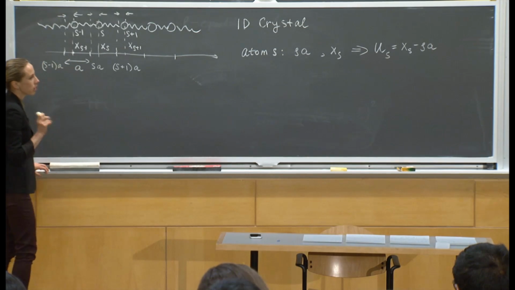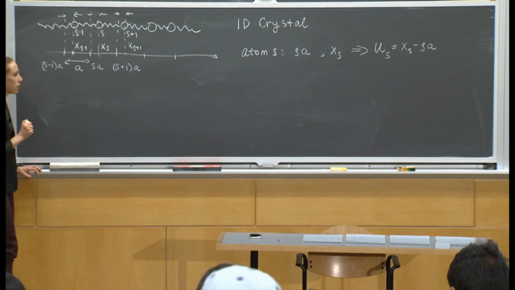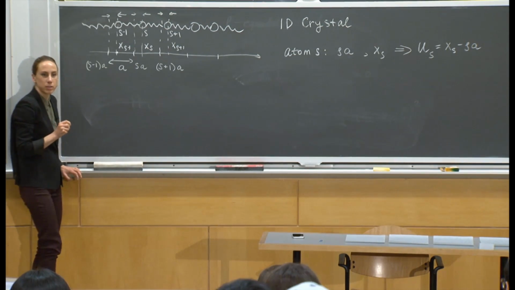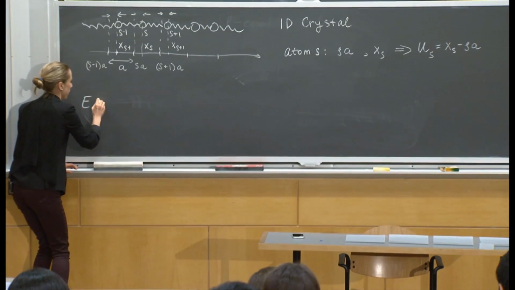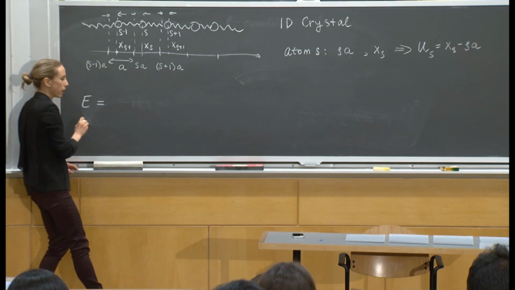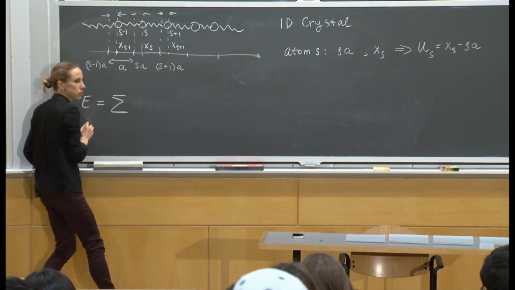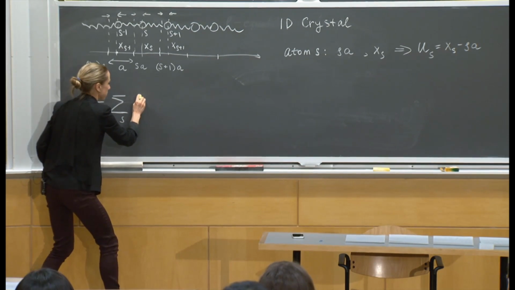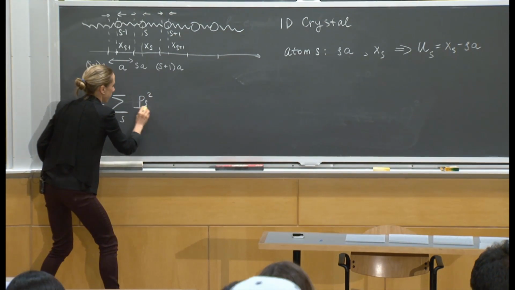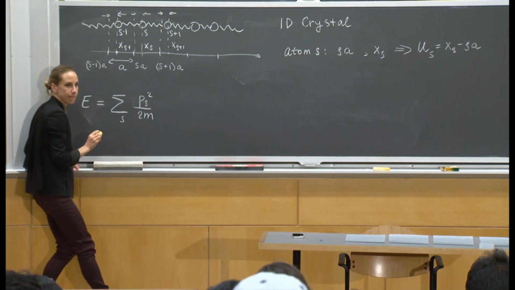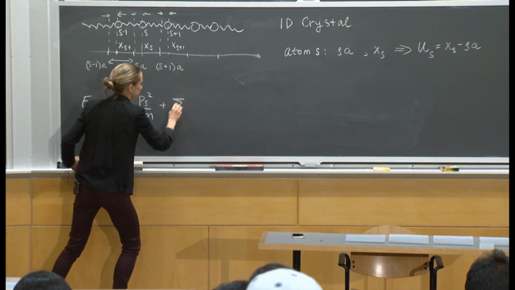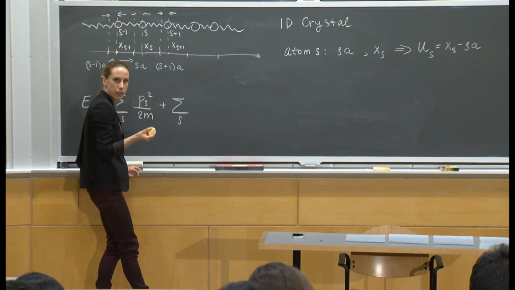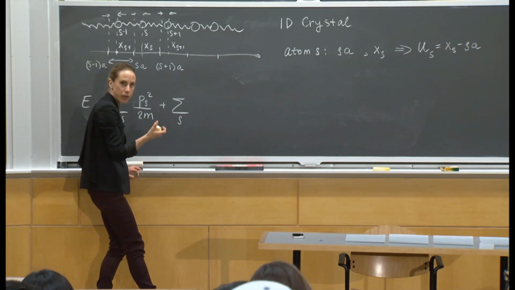Okay, so now that we've got that, let's write energy for this system. So we're again going to write the energy for the system. And the energy for the system is going to be a sum of the kinetic energies for all my atoms plus sum of the potential energies associated with all the springs.